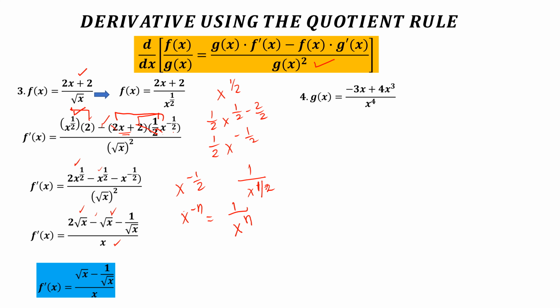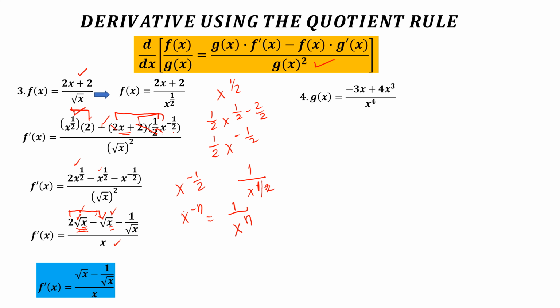Why did we come up with the square root of x? Because as you have seen, we can combine the coefficients of our radical expression if and only if our radical expressions are of the same index. When we say index, the root. So in here, it's also square. And our radicands are also similar.